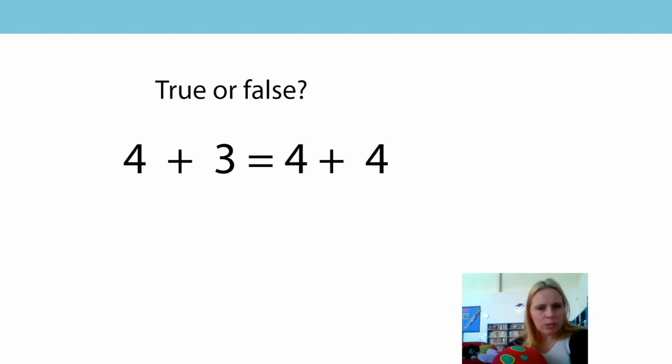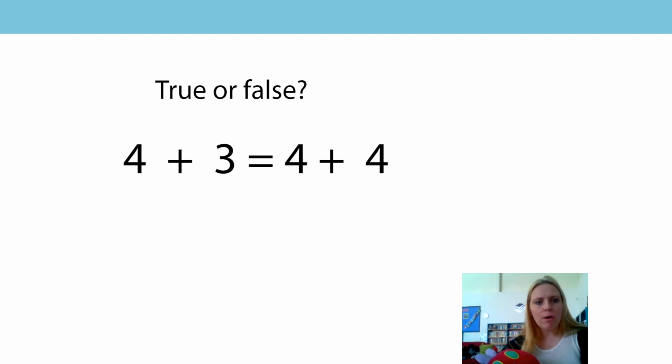Okay, I've got a little problem for you, and to solve it, you're going to have to think about all the information we've had in this lesson. Okay, it says true or false. True means something is right, it's correct, and false means it's not right, it's wrong. So I've written an equation.